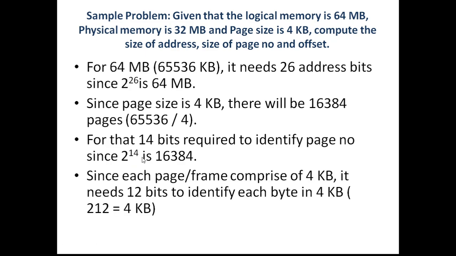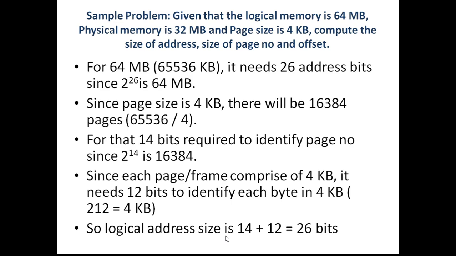So once again we will see it here. Since each page comprises 4 KB, it needs 12 bits to identify each byte in 4 KB, which means 2 power 12 equal to 4 KB. So the logical address size is nothing but 14 plus 12, which is equal to 26 bits.